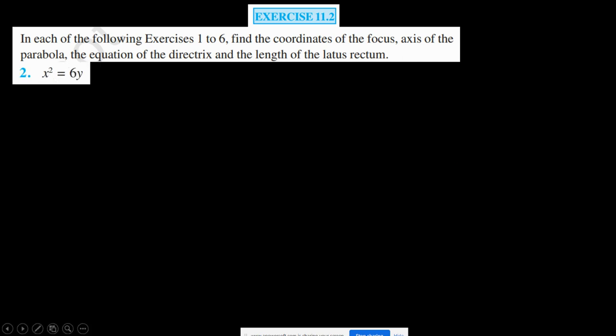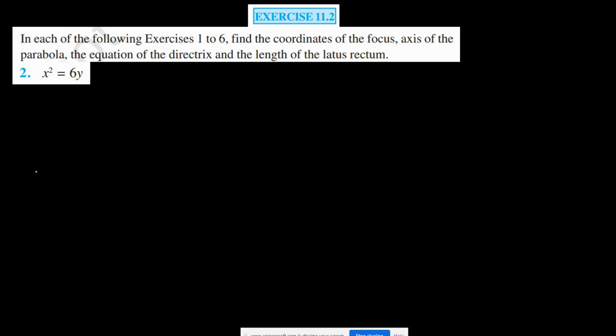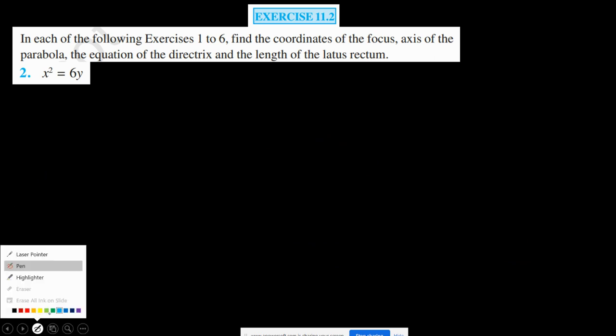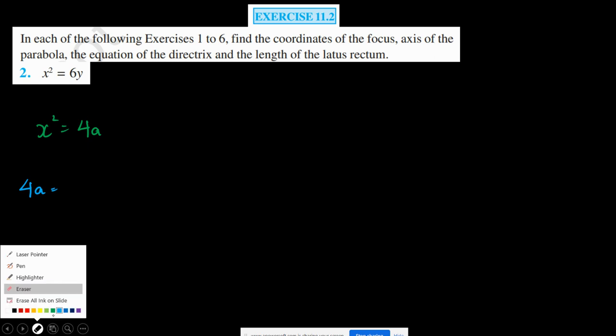Similarly, we'll go to question number 2. x square is equal to 6y. The first question was about y square. Now here it is x square is equal to 6y. Equating this equation with x square is equal to 4ay, not 4a, 4ay.